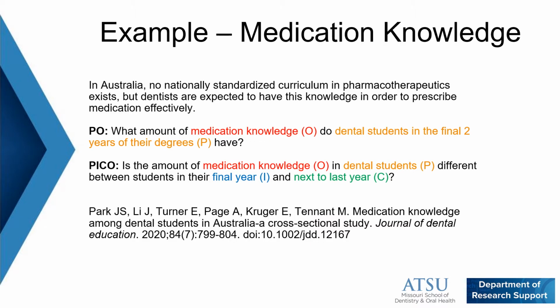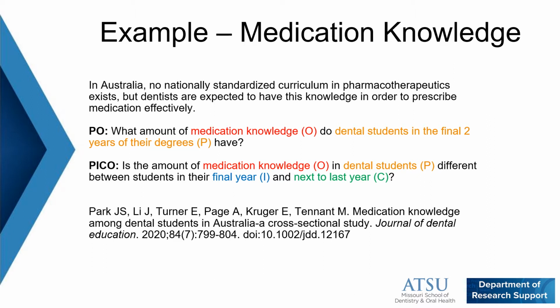Our first example comes from a study published in the Journal of Dental Education. In Australia, no nationally standardized curriculum in pharmacotherapeutics exists, but dentists are expected to have this knowledge in order to prescribe medication effectively. So what the authors sought to study was first, just a descriptive: what amount of medication knowledge do dental students in the final 2 years of their degrees have?